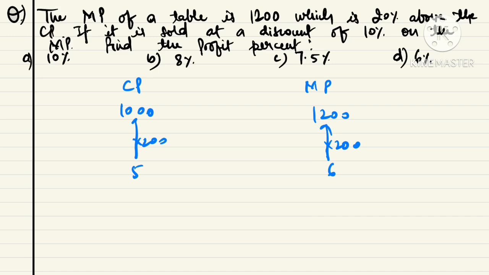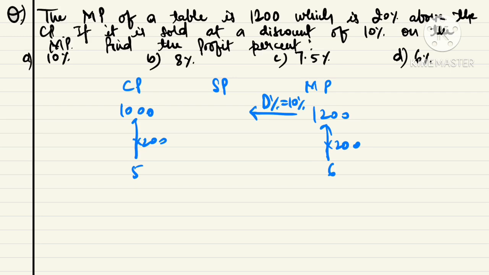Fine. If it is sold at a discount of 10%. Fine. If we get that discount of 10%, so discount is always given on the mark price. So the discount is 10%. So what will be your selling price? So now 10% of 1200 is 120.